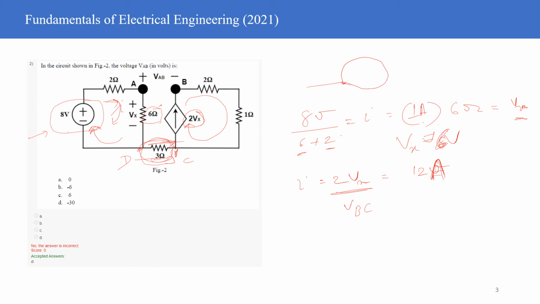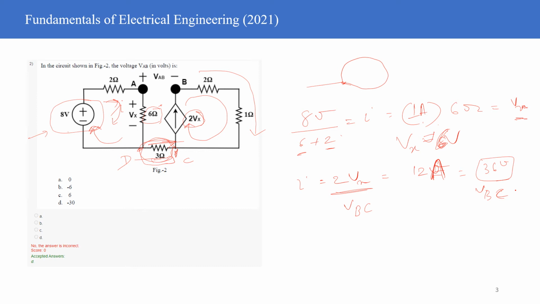So 12 ampere into 3 will be the potential drop in this branch. What will the value be? It will be 36 volt, equal to VBC. Correct, Hassan? Respond yes or no, Hassan?